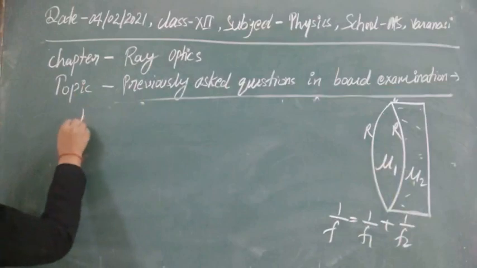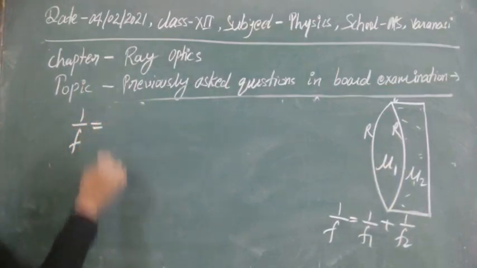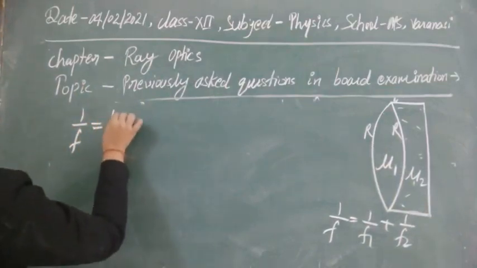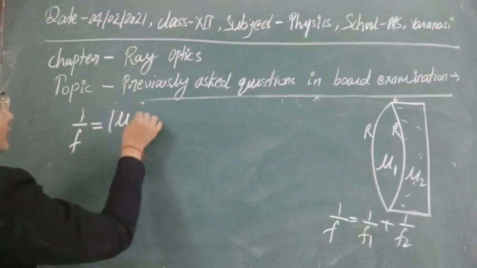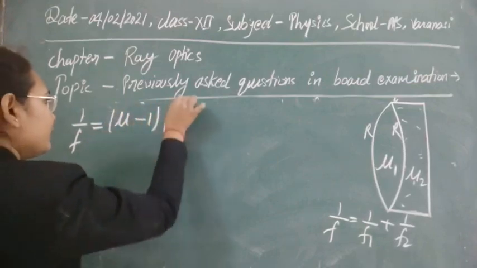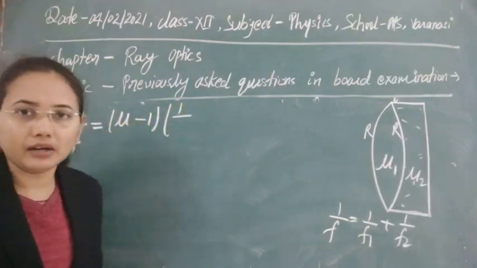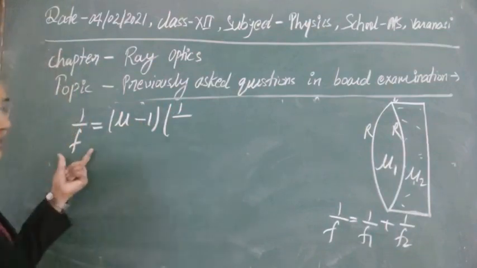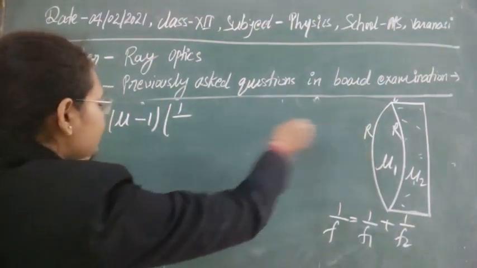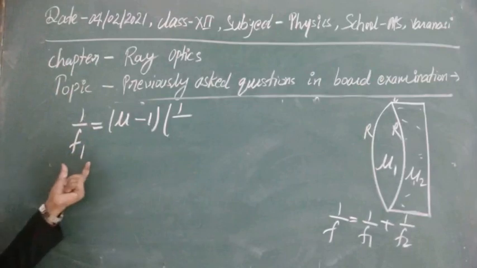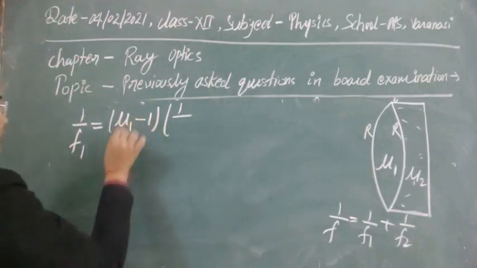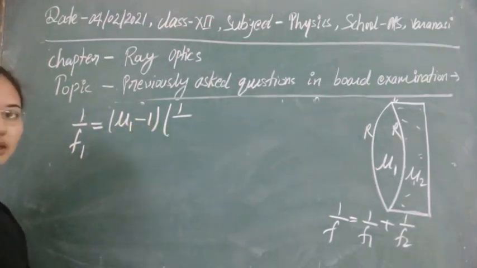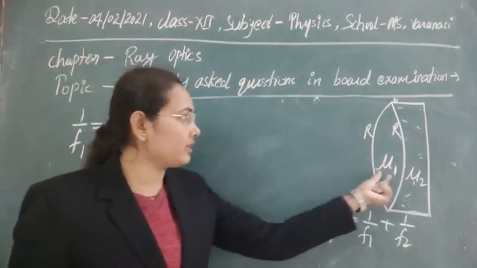We have the formula 1 by f is equal to (mu minus 1) times (1 upon r1 minus 1 by r2). For the first lens, this will be 1 upon f1, and in place of mu we write mu1, as the material has this refractive index.